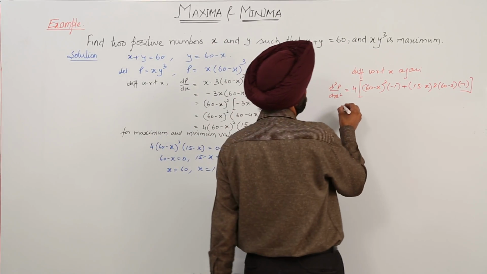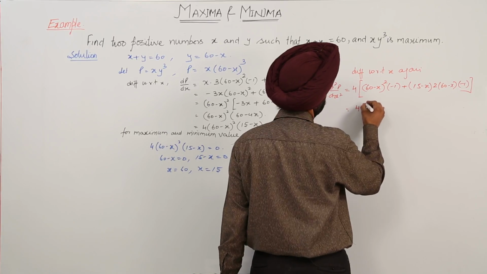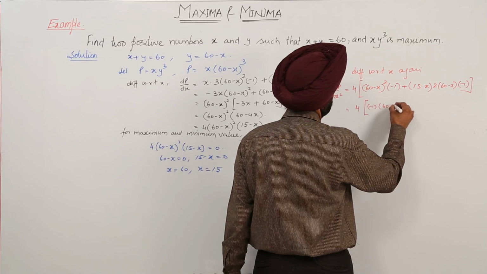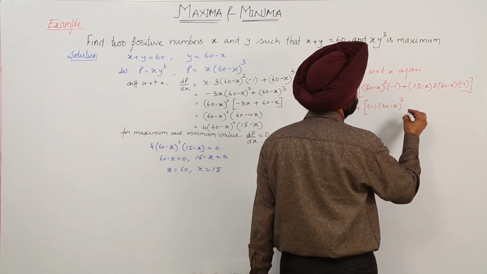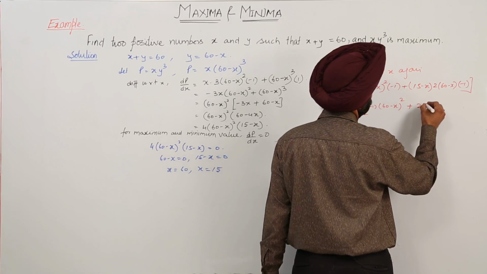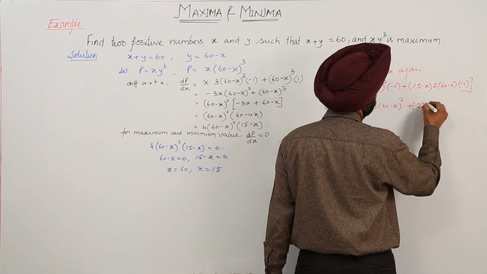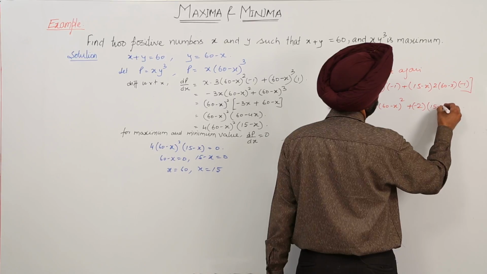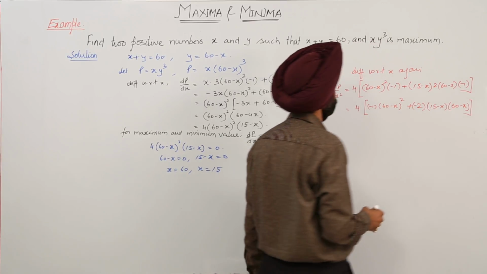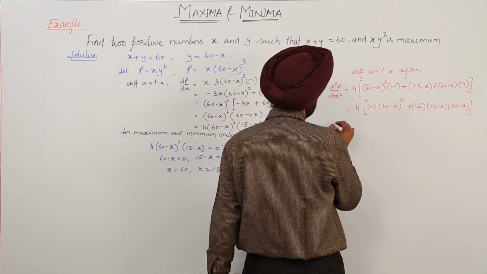Okay, so now we can write it as 4 with negative of 1, (60 minus x) whole square plus negative of 2 with (15 minus x)(60 minus x). Is it clear?